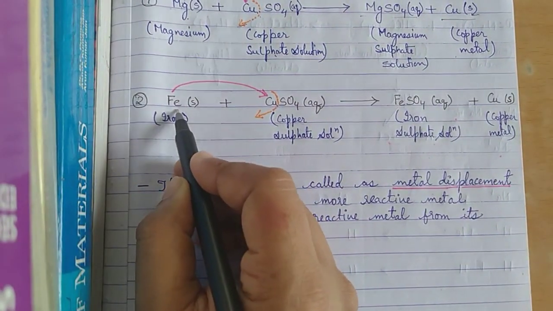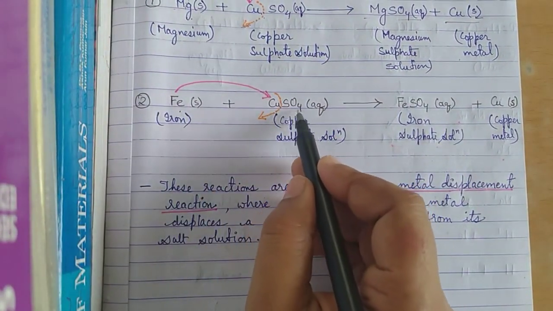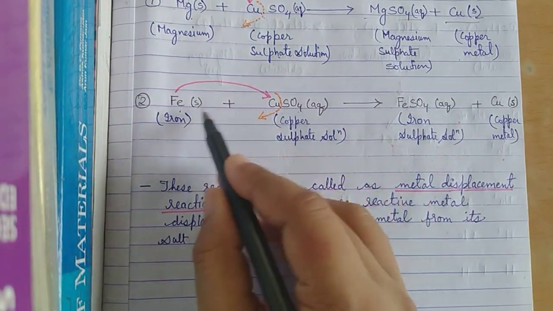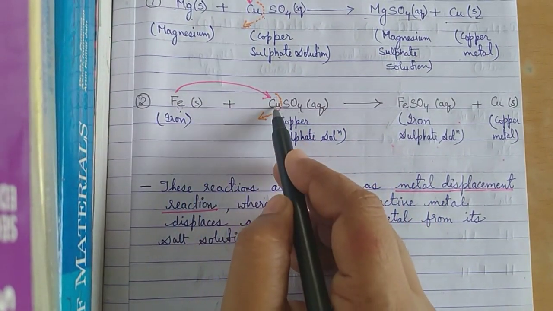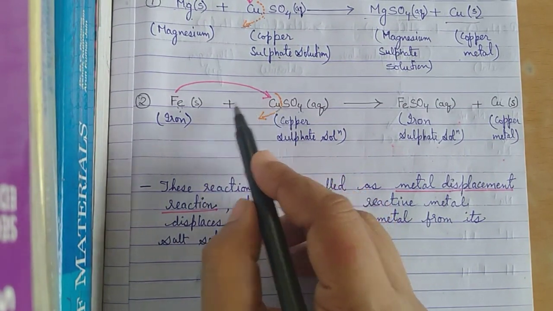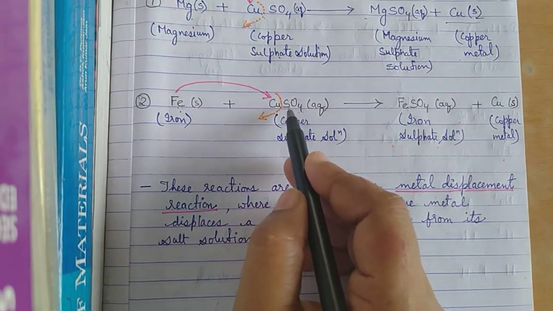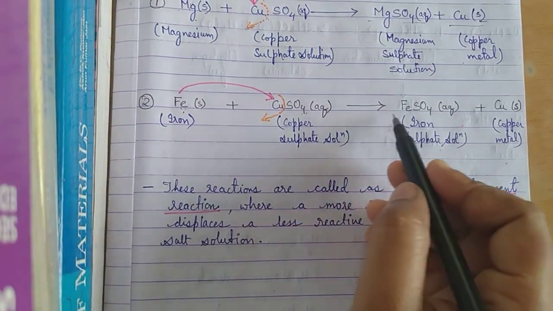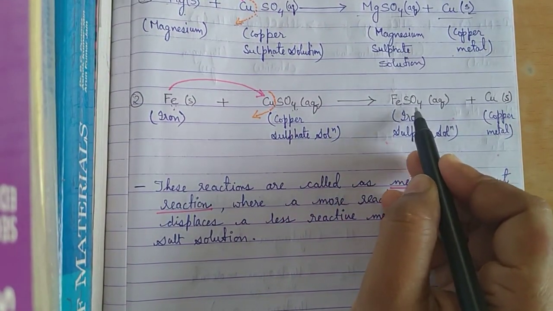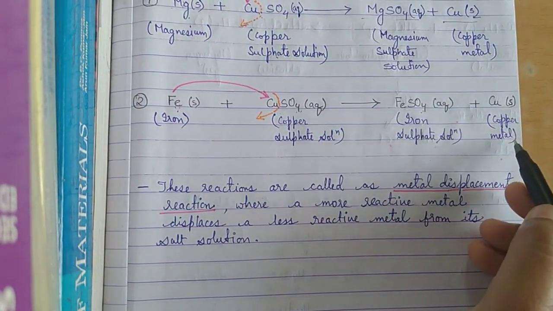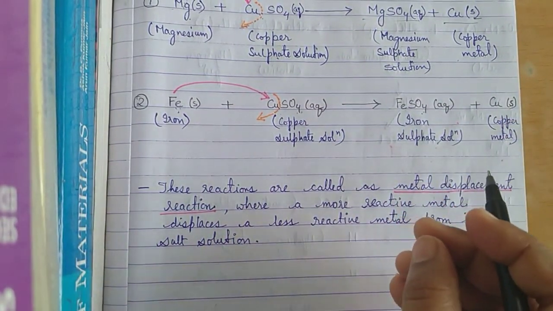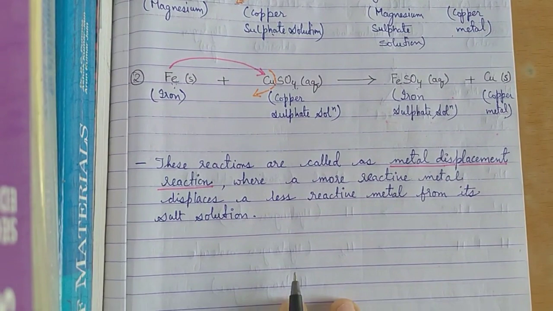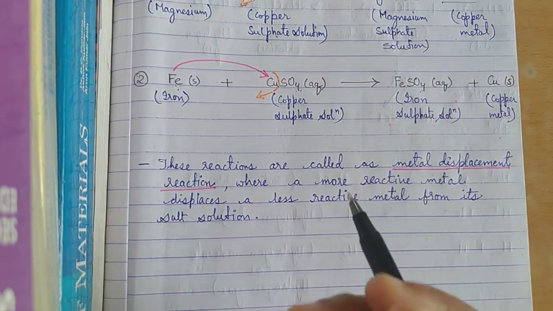Similarly, Fe, iron, can replace copper from copper sulfate, because iron is more reactive than copper, as iron is placed above copper. It has the ability to remove copper from its solution, and that is how it forms iron sulfate, FeSO4, and copper metal settles at the bottom as a brown, powdery substance.